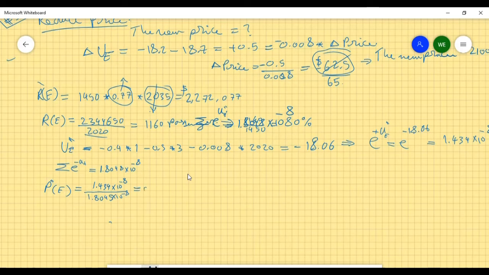This will equal 0.7945, which is almost 80%.